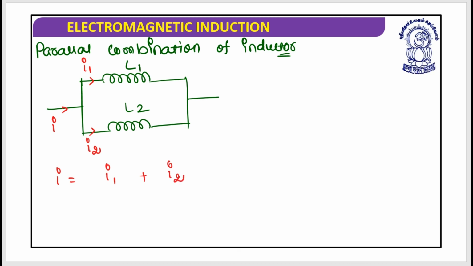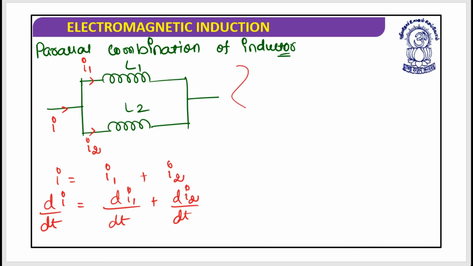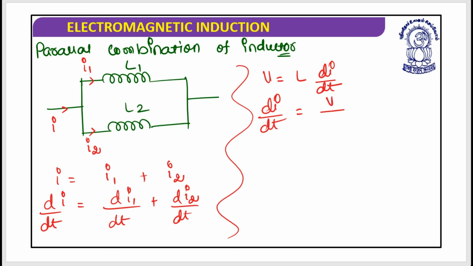Let's differentiate this with respect to time. d by dt of I equals d by dt of I1 plus d by dt of I2. Now I have a master relation, V equals L di by dt, so di by dt would be equal to V divided by L. So di by dt equals V divided by L equivalent.